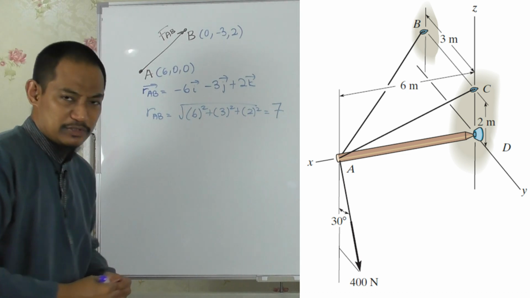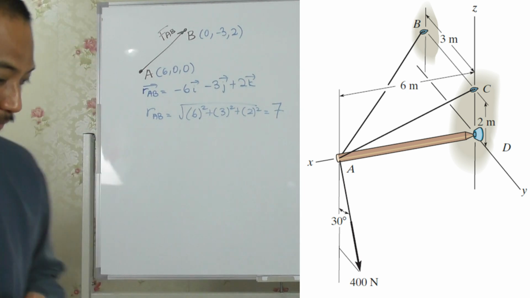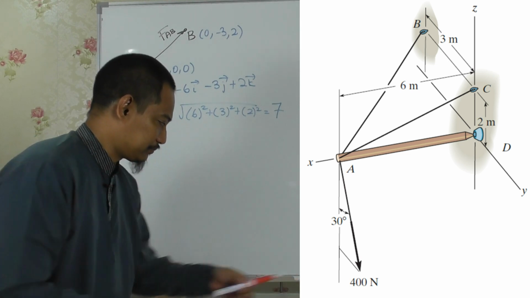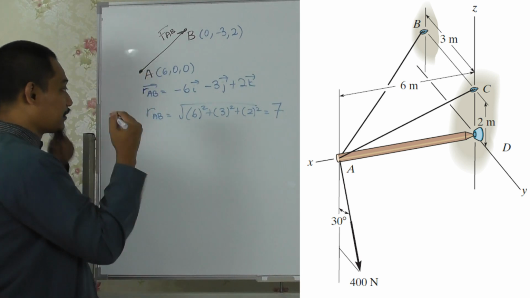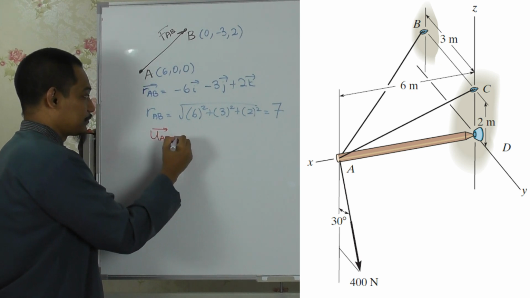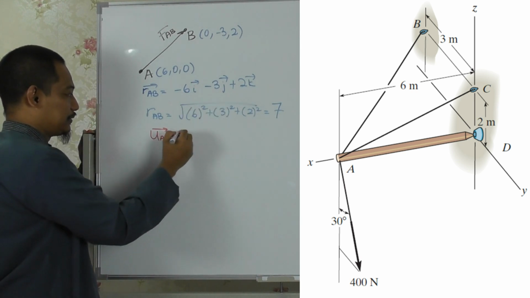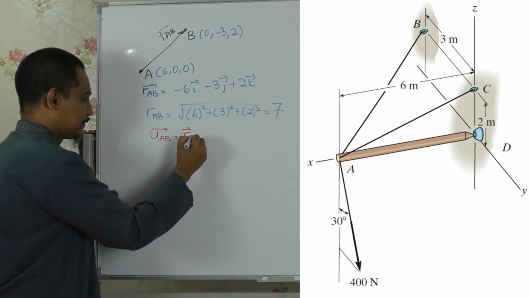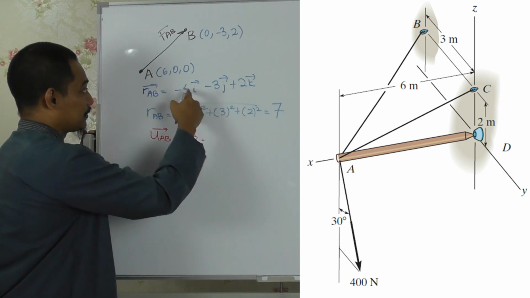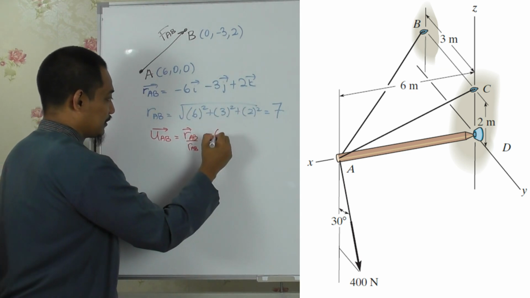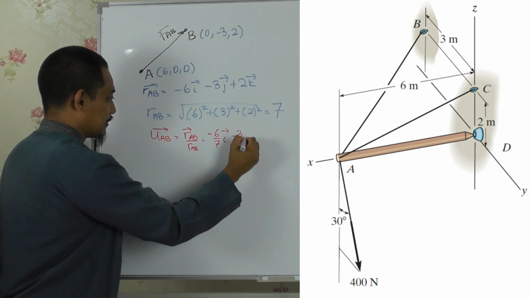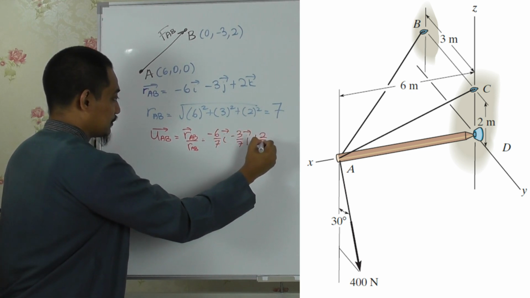Hopefully you can see the blue color, right? I'll change into red perhaps. So from here we can calculate the unit vector UAB. Okay, this is much better. It is just the vector RAB divided by the magnitude RAB. We get all of this divided by 7, so minus 6 over 7 i minus 3 over 7 j plus 2 over 7 k.